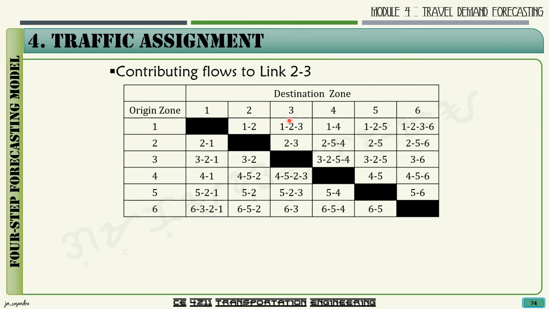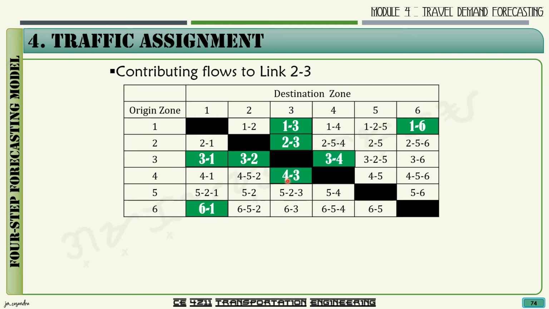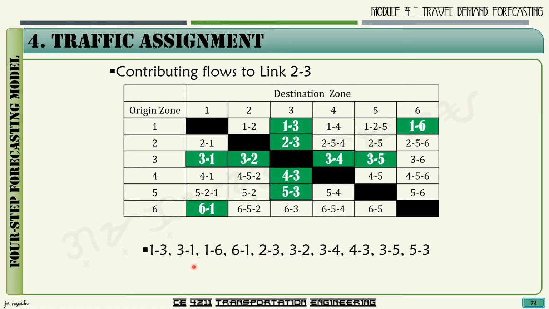From this table we have 2, 3 or 3, 2. We also have 1, 3 and 3, 1, and 1, 6 and 6, 1. We also have 3, 4, 4, 3, 3, 5, 5, 3. This is the summary of the links contributing to the flow from zone 2 to 3.